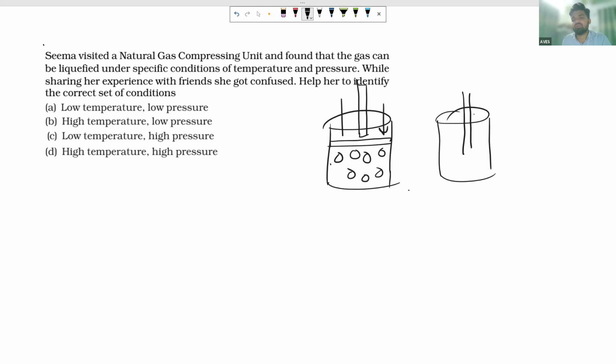When you apply the pressure, the piston will come closer, nearer to the bottom, so the particles will be closer, and the gas will get converted into liquid.